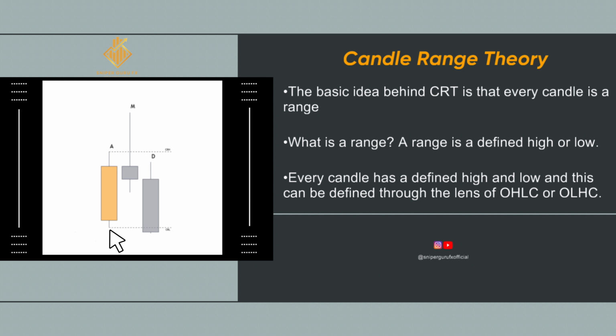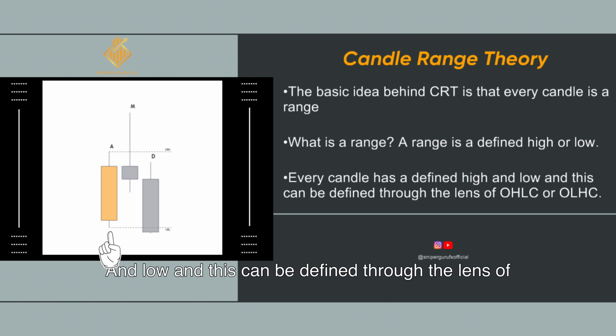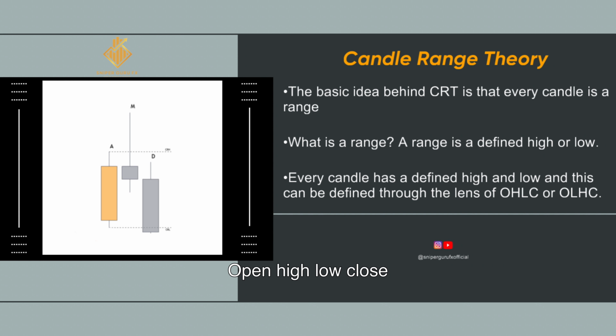Okay, so this is the accumulation. Every candle has a defined high and low, and this can be defined through the lens of open high low close or open low high close.